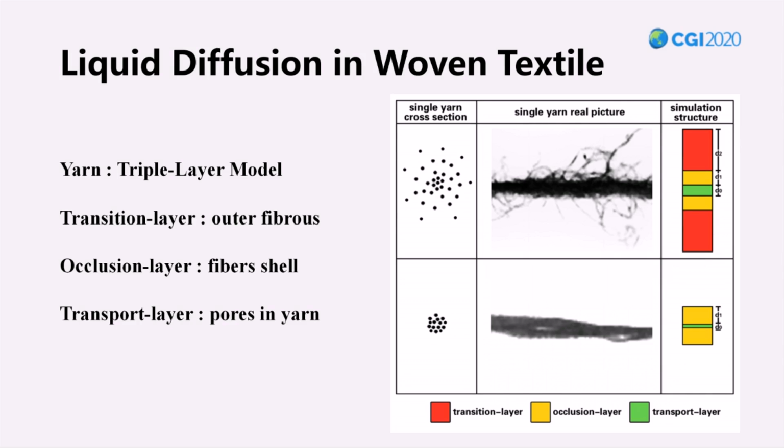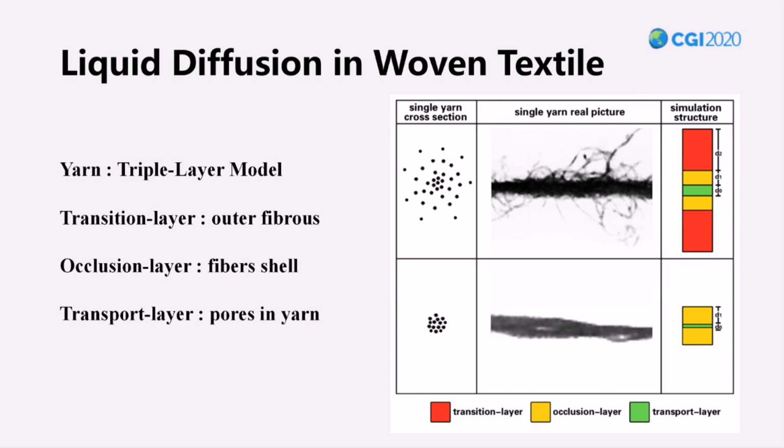Because the raw material and the weaving structure of the yarn are not the same, it also has a different three-layer structure. In this picture, we show the cotton yarn and its three-layer model, as well as the polyester yarn and its three-layer model.